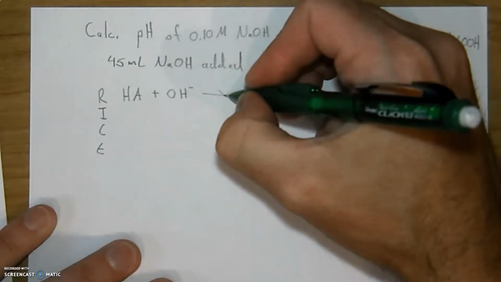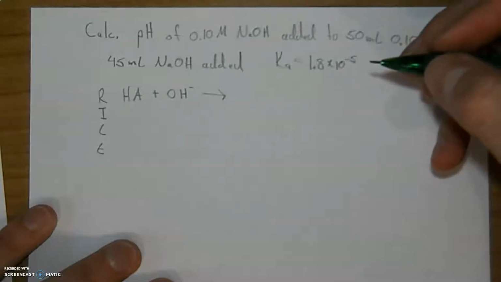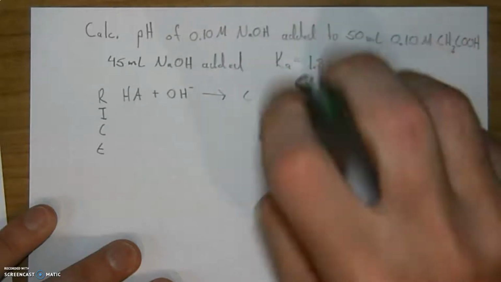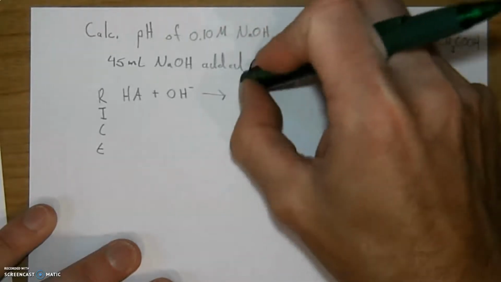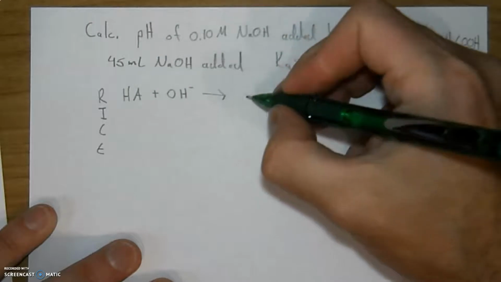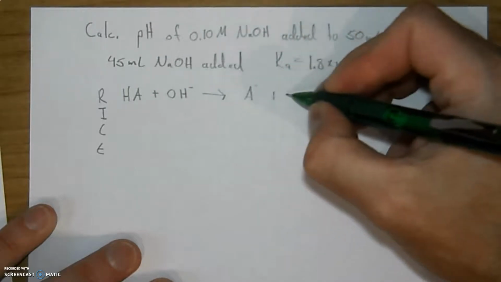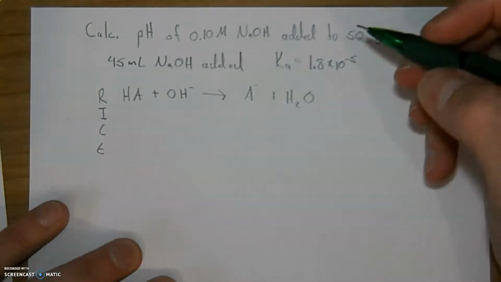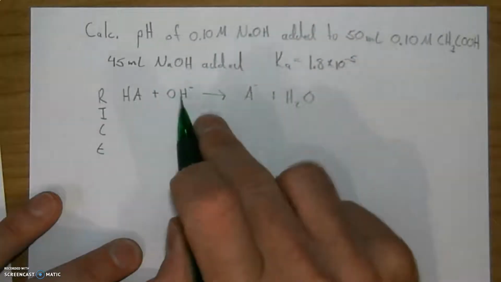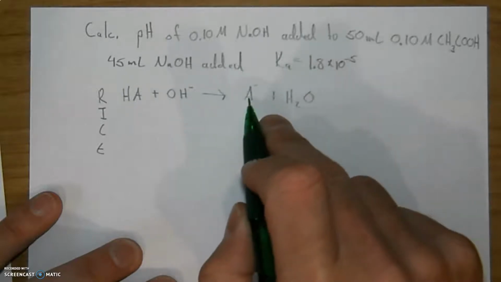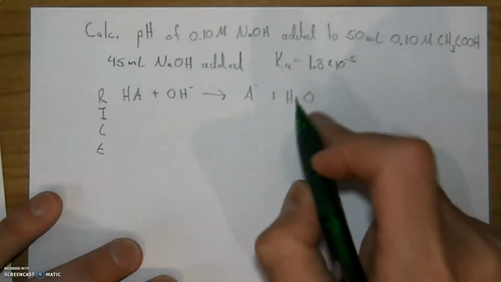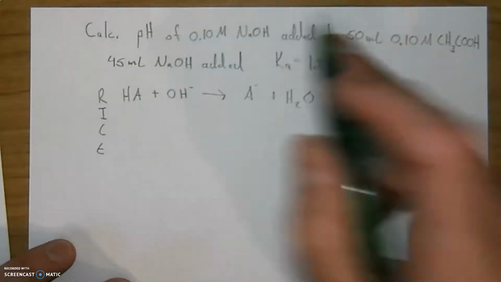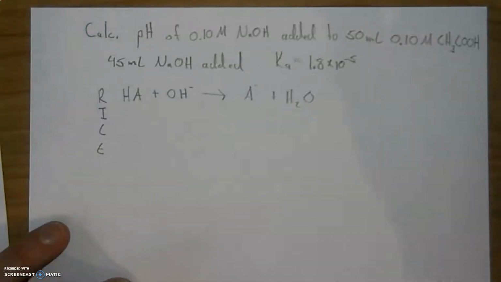This is a one-way direction, and then it's going to create, again being lazy, just A minus and then H2O. So this is an acid-base type reaction: acid, base, and then you get a salt, sodium acetate, and then water.